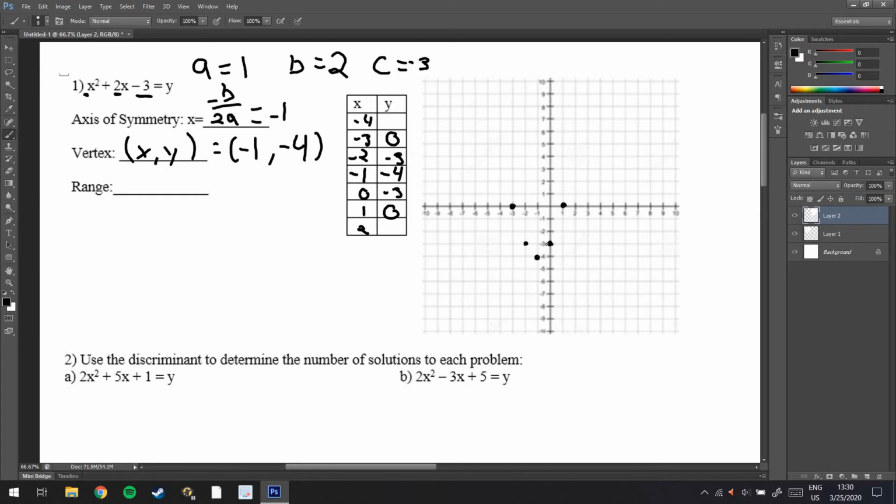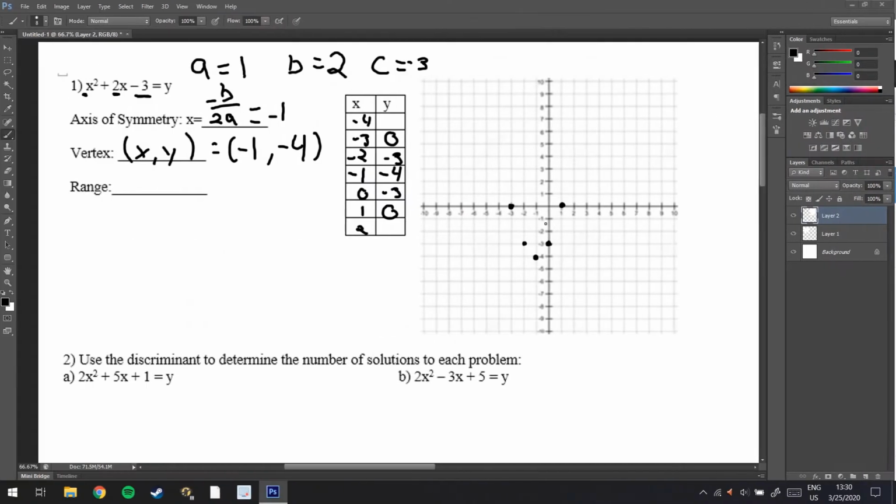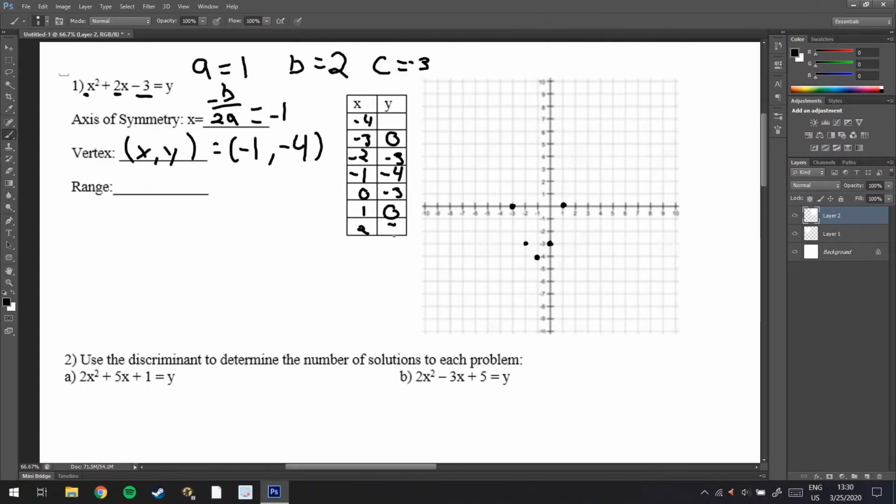So now I have enough information. If I wanted to, I could go check my value for 2. At 2, I'm at 5. So since it's symmetric, at -4, I'll be at 5.